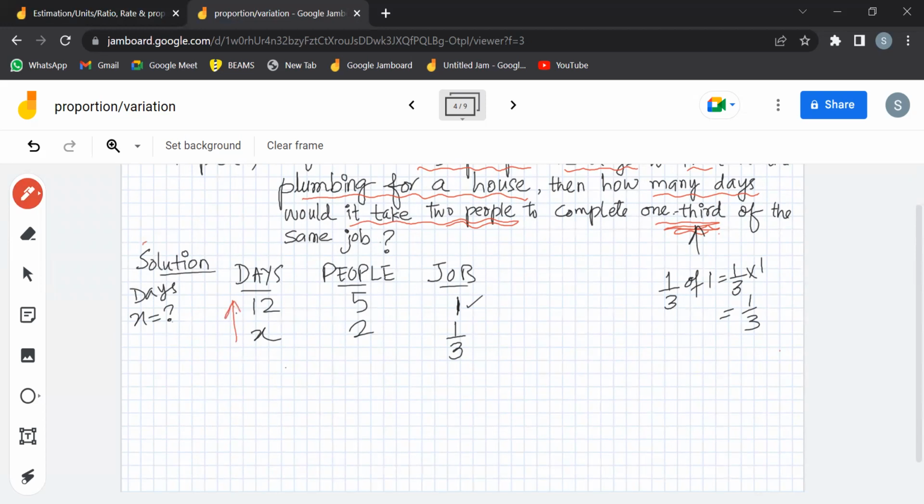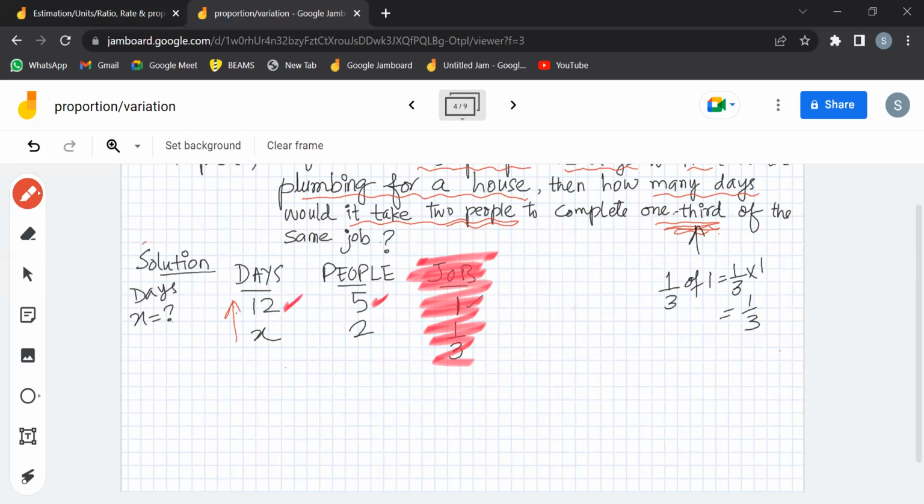from here. For drawing the arrows for the rest of the two, we need to ignore one, like say ignore the job. If we ignore the job, then 5 people take 12 days to complete a task. I'm not considering one and 1/3, I'm just looking at a task. 5 men take 12 days to complete the job.